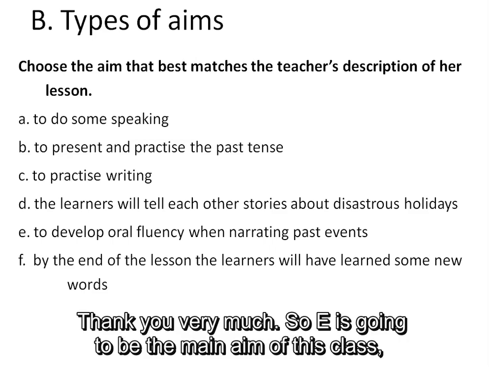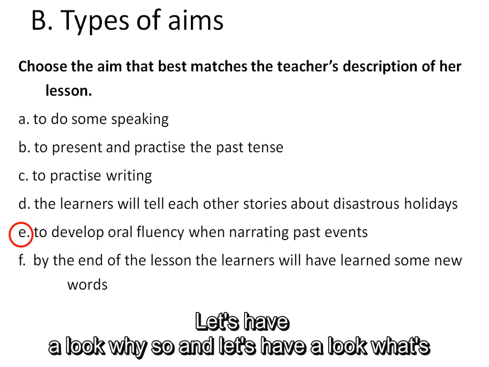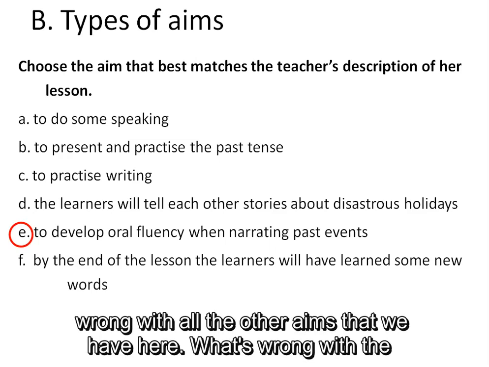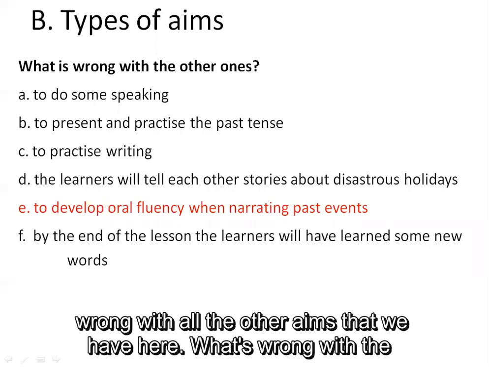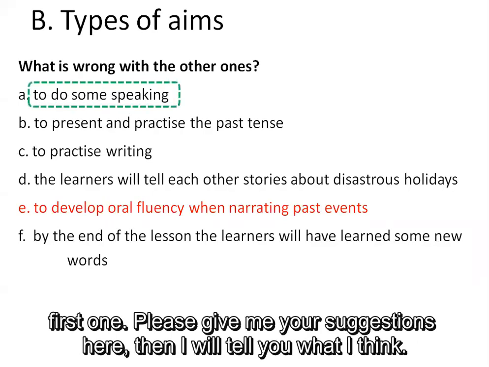Thank you very much. So E is going to be the main aim of this lesson. Let's have a look why, and what's wrong with all the other aims that we have here. So what's wrong with the first one?